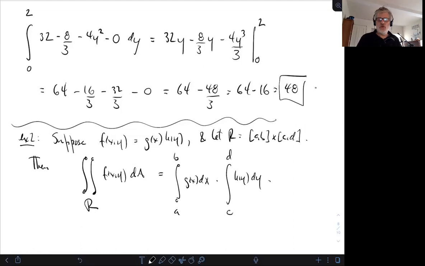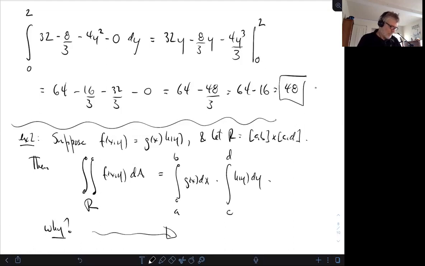Okay, and I want to show you why this is true. So again, if you happen to be very lucky and the function you have to integrate is a product of x stuff and y stuff, then you can actually split this integral into two parts, the x part and the y part.